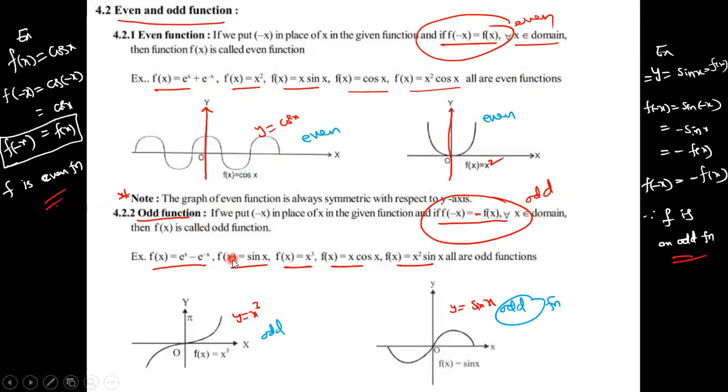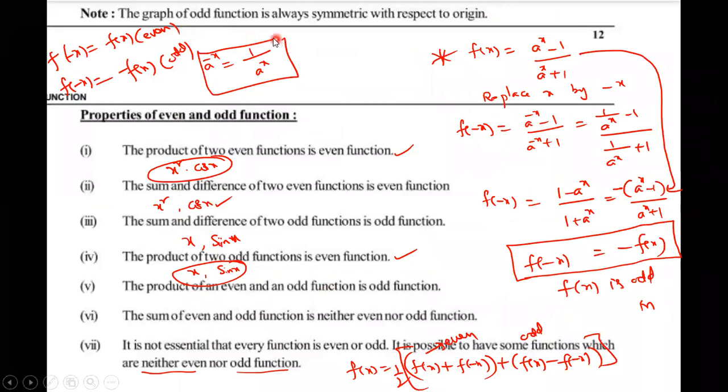Odd function means what here? f of minus x is equal to minus f of x, x belongs to domain. It is an odd function. These are the graphs. Fine. So the graph of an odd function is always symmetrical about the origin. But what about an even function? Symmetrical about the y-axis. Fine.